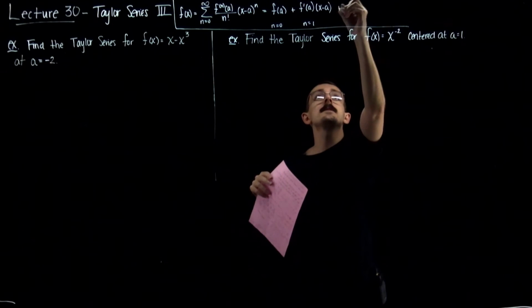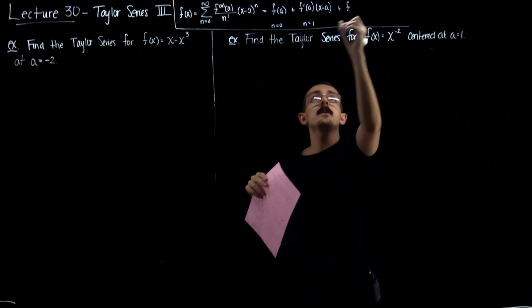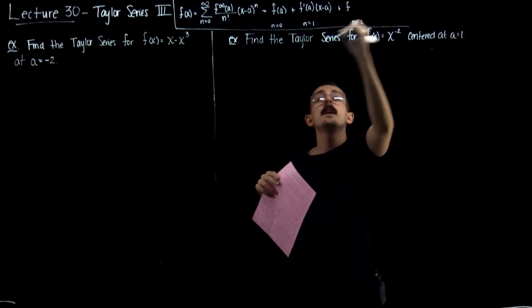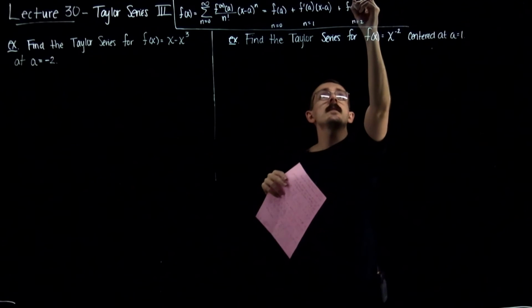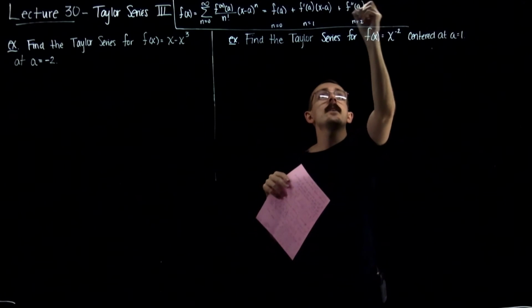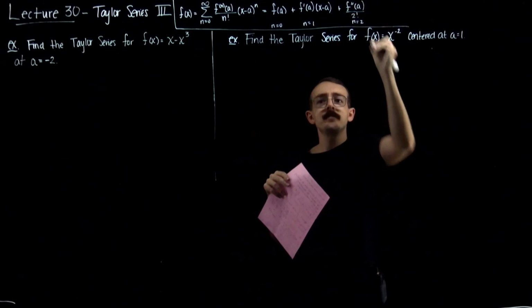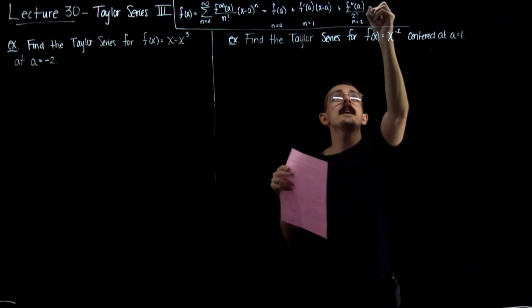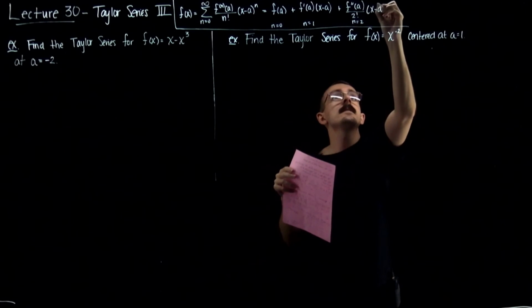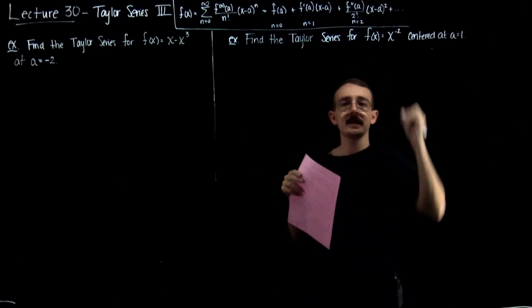And I'll do one more, just so you can see what's going on. If I plug in n equals 2, you would get the second derivative at a over 2 factorial, times x minus a squared. And this pattern continues forever.